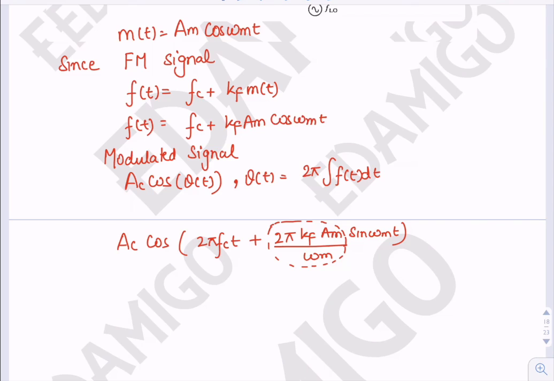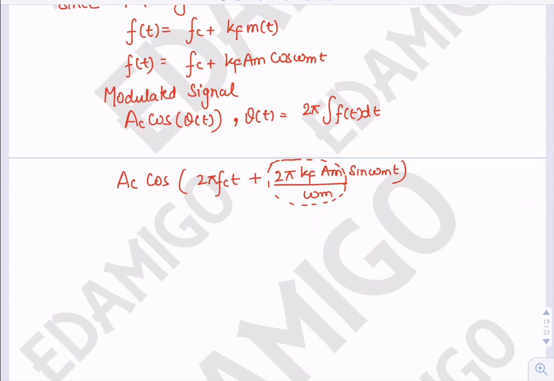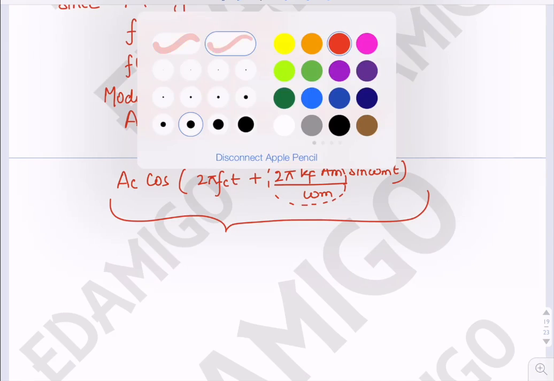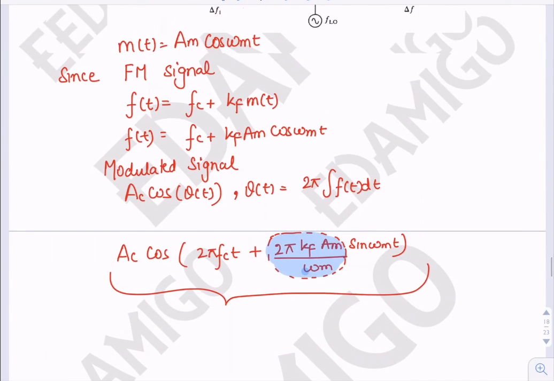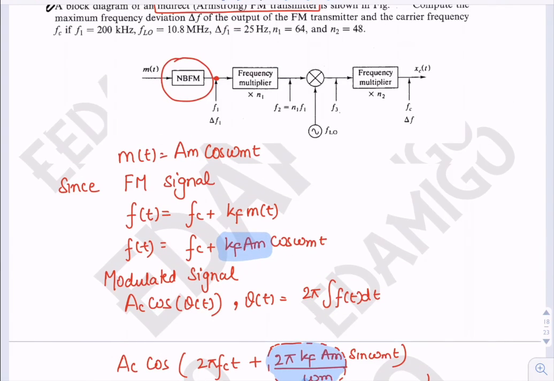So we can say that this is the expression of the NBFM. The only requirement of the NBFM is that this term should be very small, or we can say that the frequency deviation should be very small.